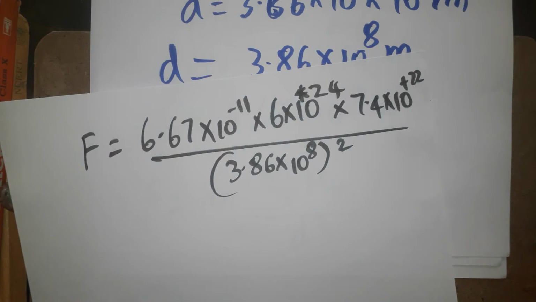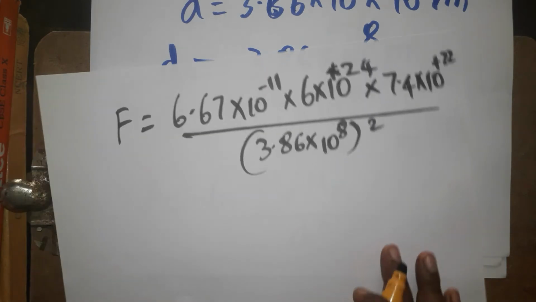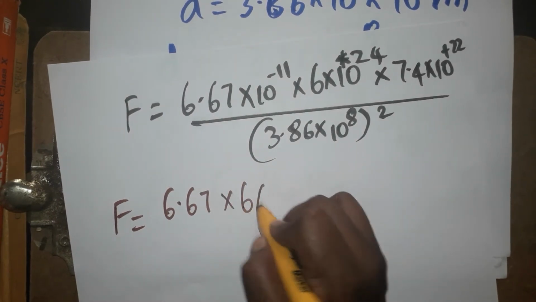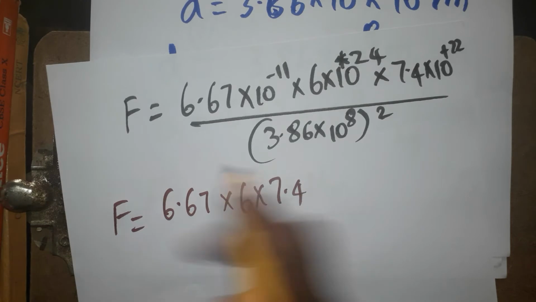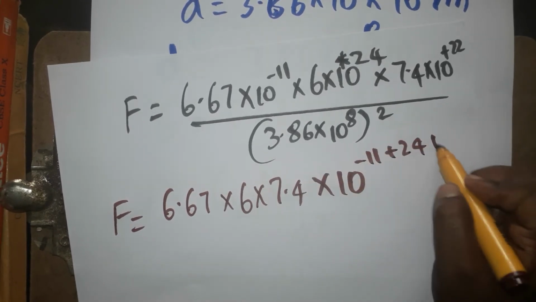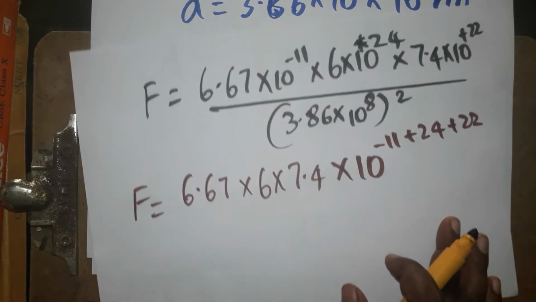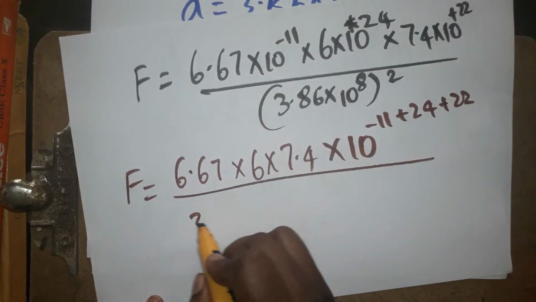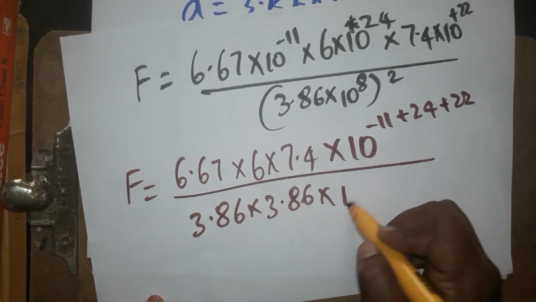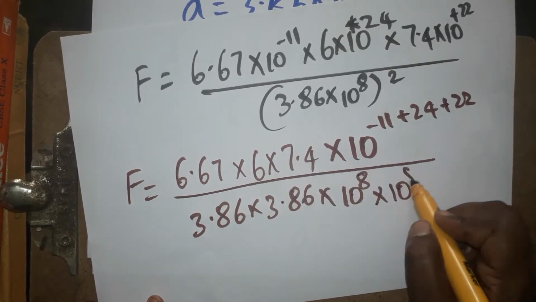First I am bringing all the 10 powers separately. See how I am doing it. F is equal to 6.67 into 6 into 7.4, all the numbers, then all the 10 power minus 11 plus 24 plus 22. The base is the same, so the powers you can make together. In the denominator it is 3.86 into 3.86 into 10 power 8 into 10 power 8, which will get 16.